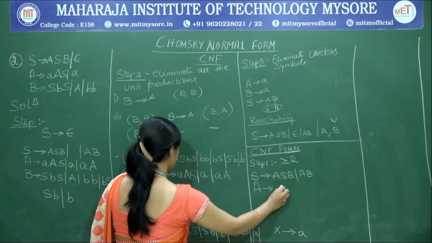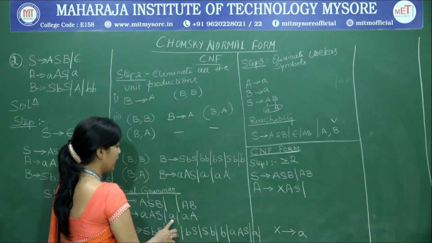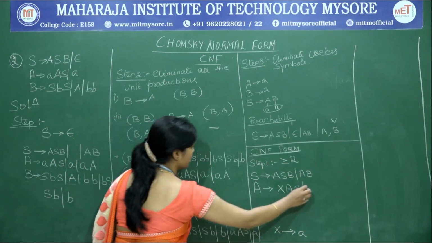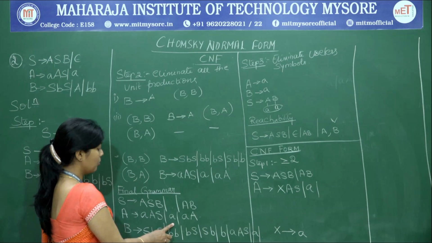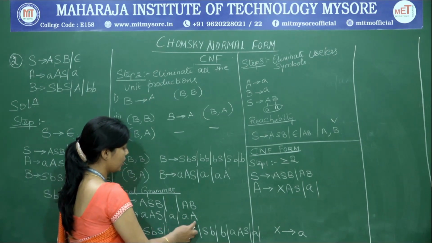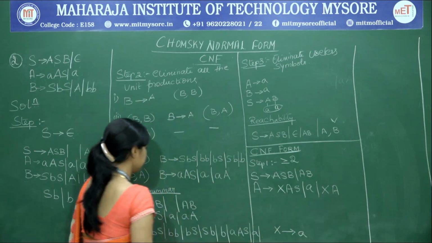So this is replaced by X A S. Next A we keep it as it is because we are not making changes to the length 1. Next we have small a capital A, so that is going to become X capital A.